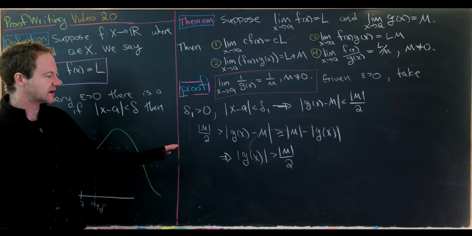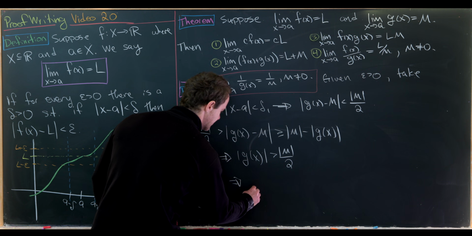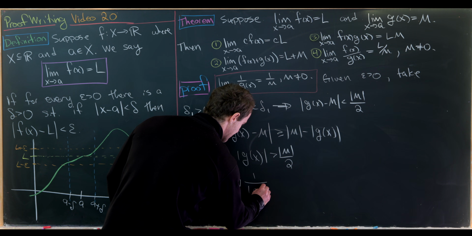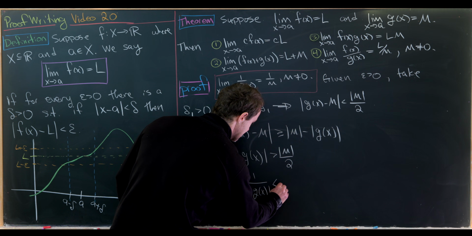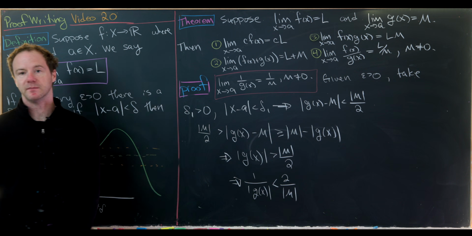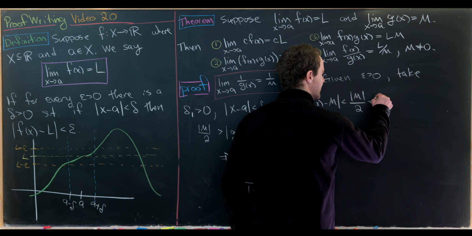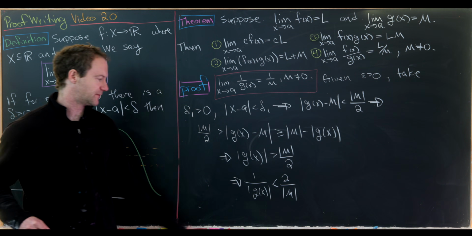But we're going to need something involving 1 over the absolute value of g of x. So let's notice that 1 over the absolute value of g of x is less than 2 over the absolute value of m. But we don't actually need it like this. We need it in one other version, which I'll summarize up here.